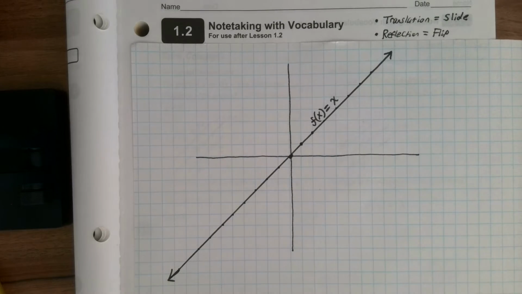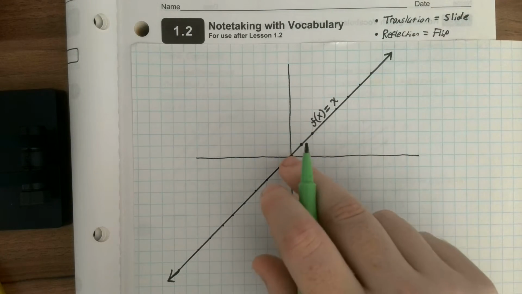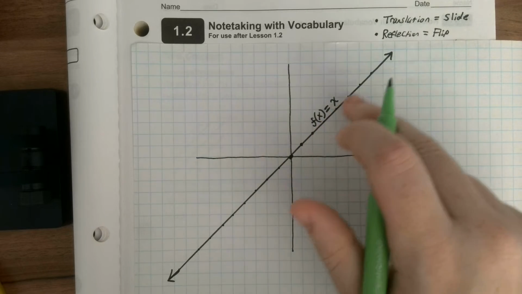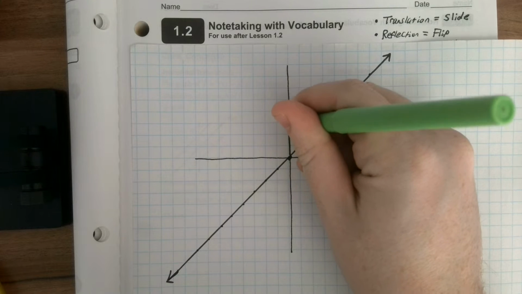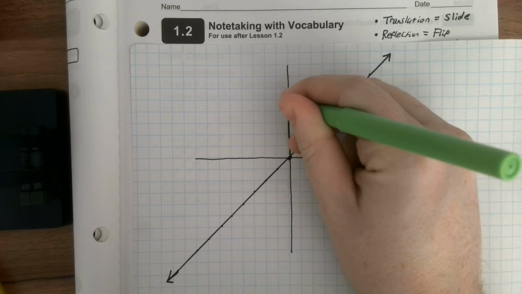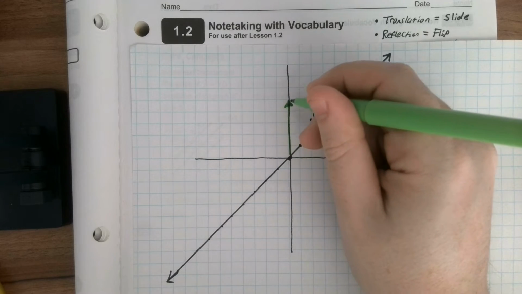So, for instance, let's say I wanted to move my graph up 5. If I wanted to move my graph up 5, what does that mean? It means that every dot along this line should be moved up 5. So for instance, the dot that's right here, we want that to go up to 5.